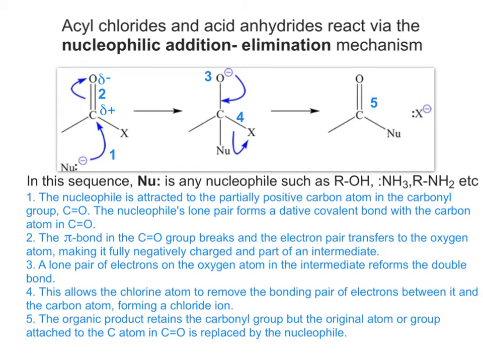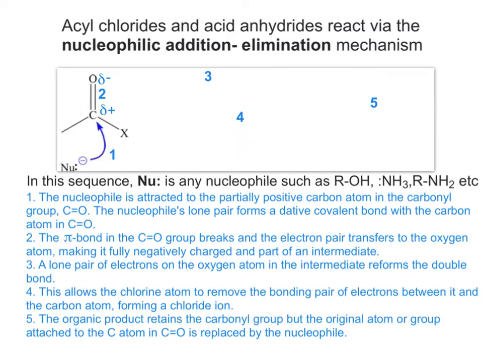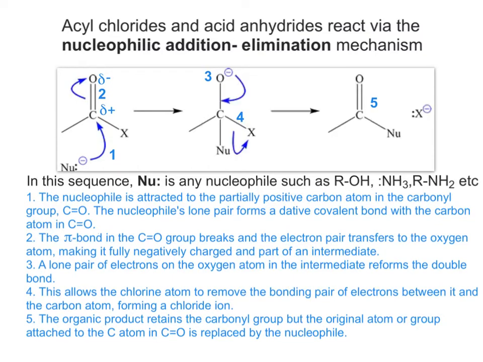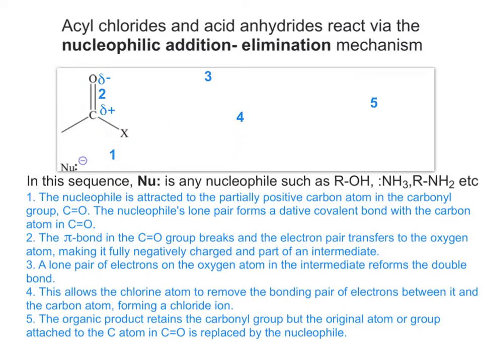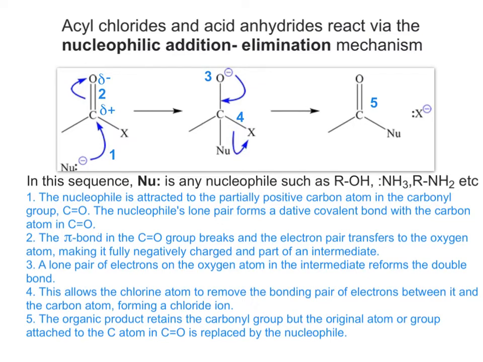So this is an animation showing the nucleophilic addition-elimination mechanism. It's moving quite quickly, so I'll take you through it step by step. Basically you have a nucleophile that you can see down the bottom left hand corner of the animation sequence. The important thing to remember is that the nucleophile contains a lone pair of electrons, which allows it to act as a nucleophile.